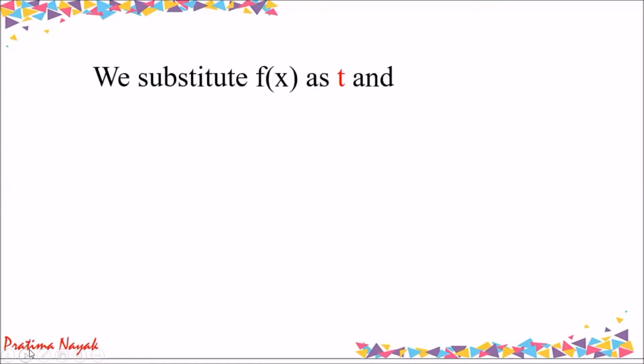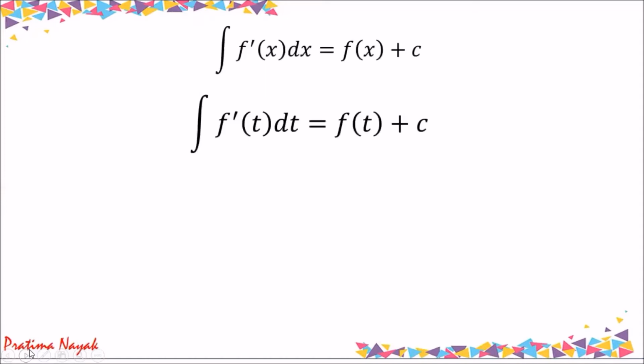Now when we substitute f(x) as t, we have to convert dx in terms of dt. That means when integration f'(x) dx is with respect to x, when we integrate in t, it will be with respect to t. So the integral of f'(x) dx is f(x). In the same way, the integral of f'(t) dt will be f(t).